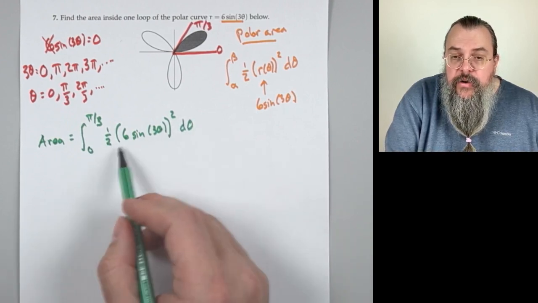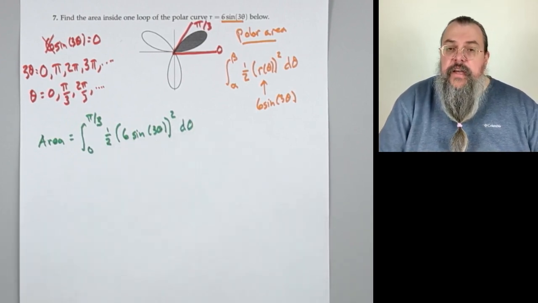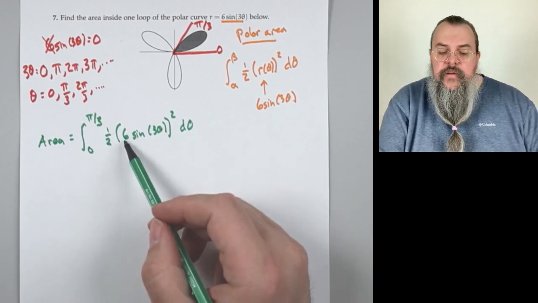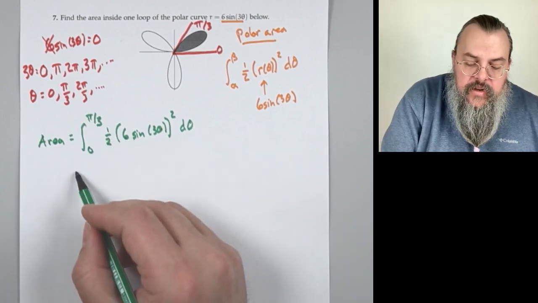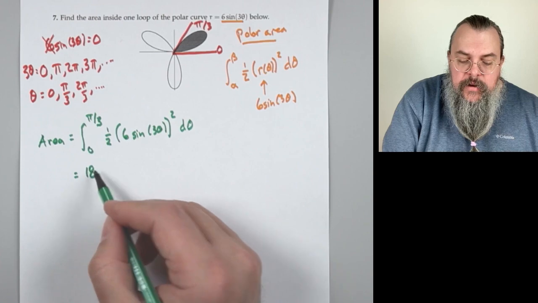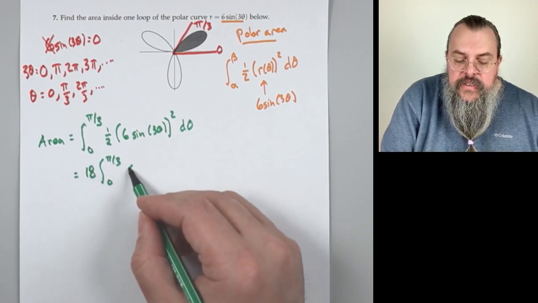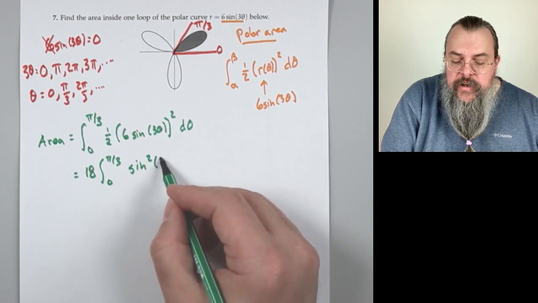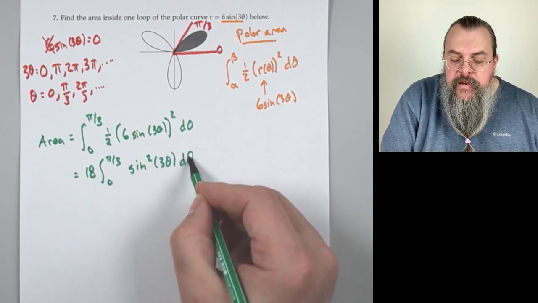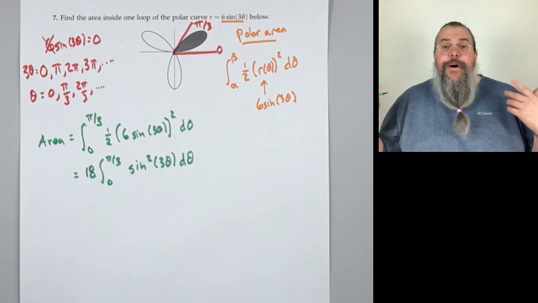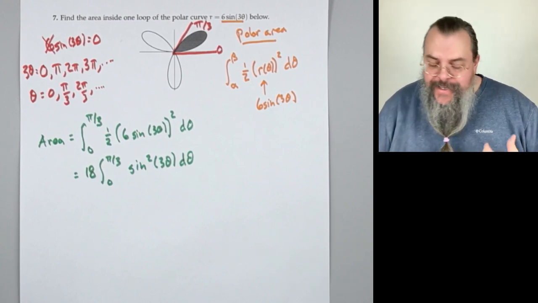And remember, the whole r expression gets squared, including the 6. So 6 squared is 36 divided by 2 makes 18. So we have an 18. We'll pull it out for the moment. Integral 0 to pi over 3 of sine squared of 3 theta. All right, so we're almost there, if we can figure out how to integrate sine squared.